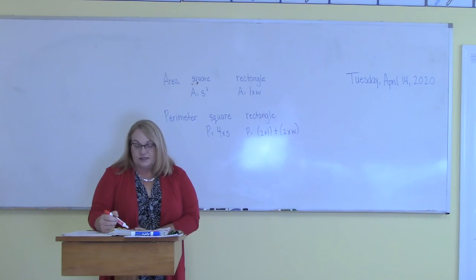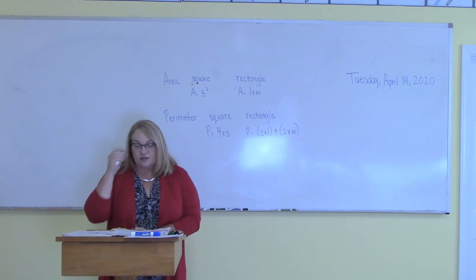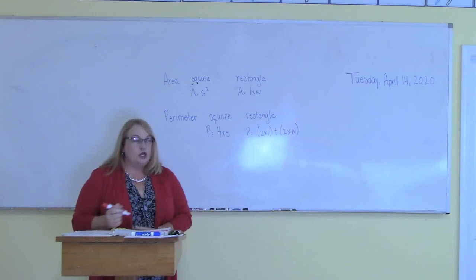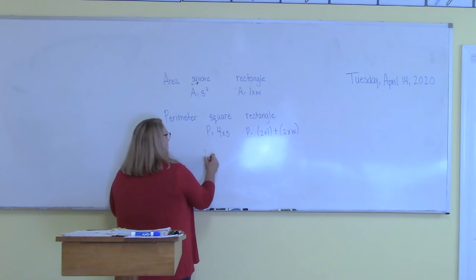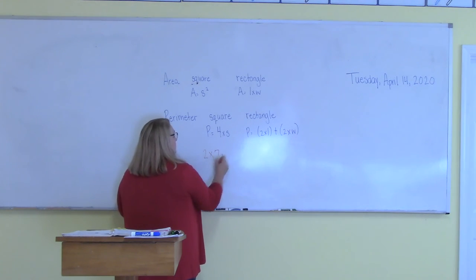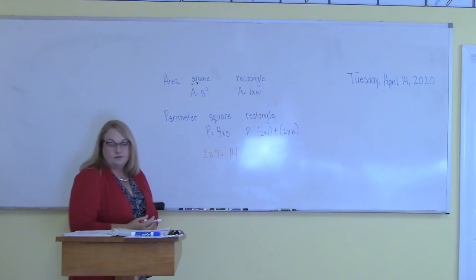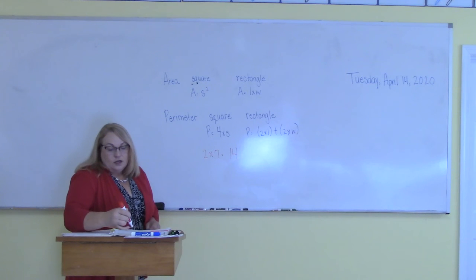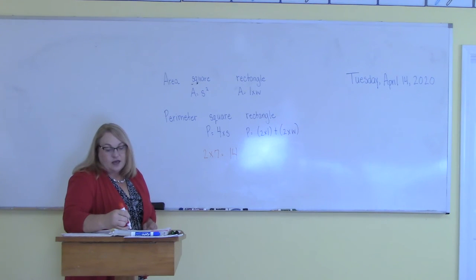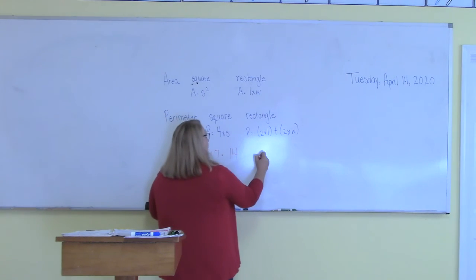Each man worked 7 hours at the rate of $35.50 per hour. What was the cost of having the tile laid? You have 2 men who were working 7 hours. 2 times 7 is 14. Each man worked 7 hours at the rate of $35.50.